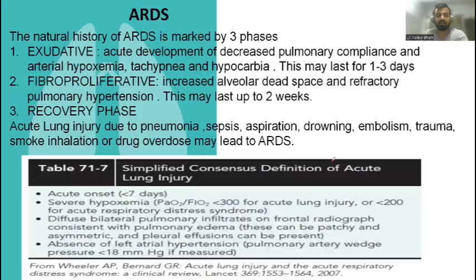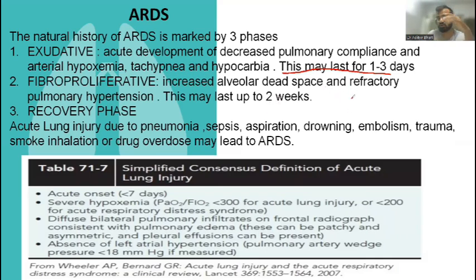Okay. Now, we know ARDS has 3 phases: exudative, fibroproliferative, and recovery phase. The exudative phase is the acute phase, it lasts for 1 to 3 days, and it is the disease developing. In the fibroproliferative phase, gradually there is healing, but usually the lung heals with fibrosis.